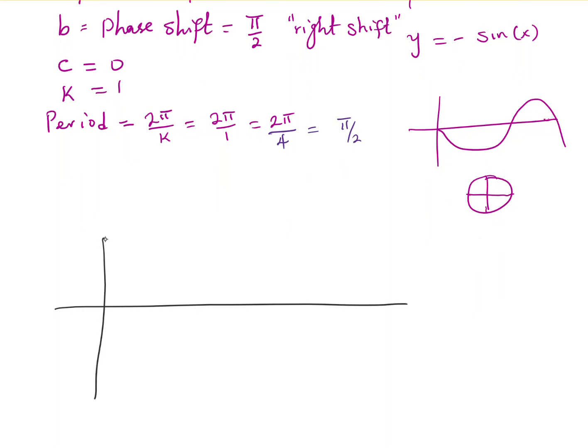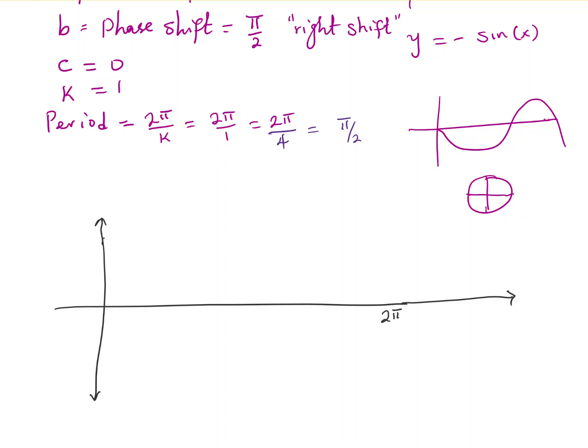So let us graph this, and do not forget we have a phase shift. All right. How does that phase shift affect our graphing? We would see right away. So the period is 2 pi, so let us put 2 pi here.